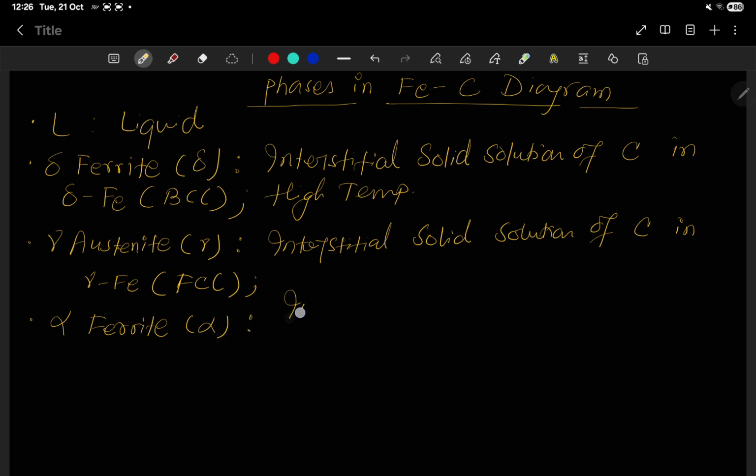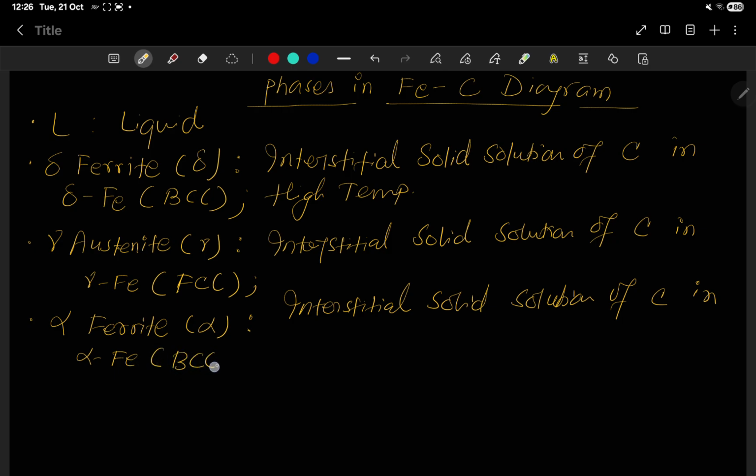This is an interstitial solid solution of carbon in alpha iron, which is BCC in nature. This forms at low temperature.